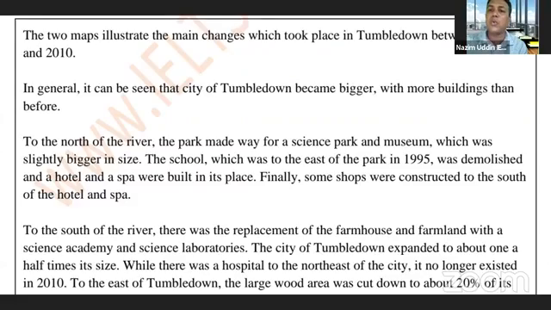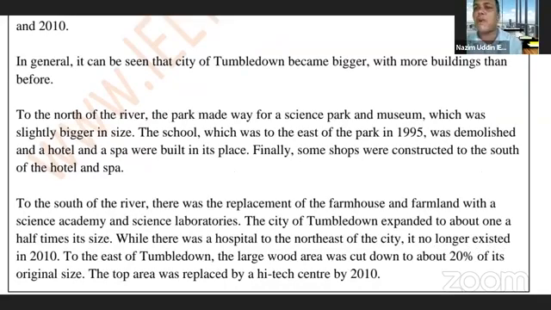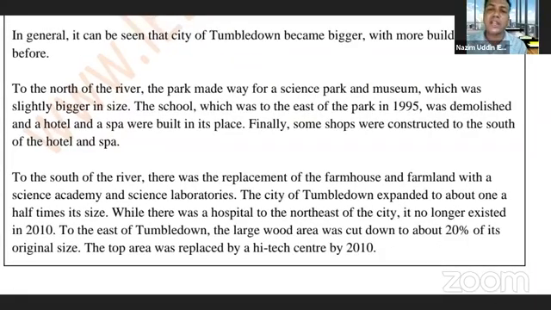The school which was to the west of the park in 1995 was demolished, and a hotel and a spa were built in its place. Finally, some shops were constructed to the south of the hotel and spa.